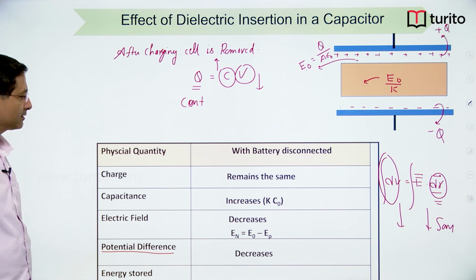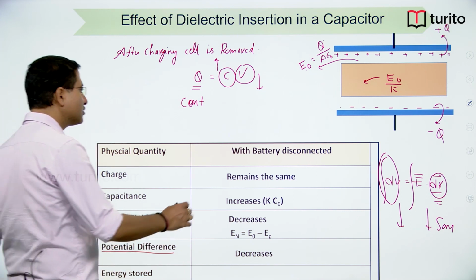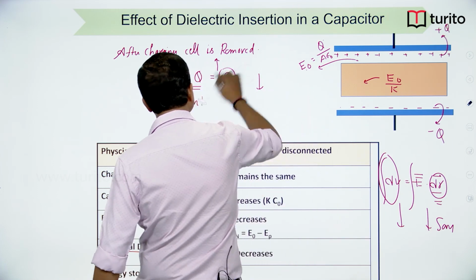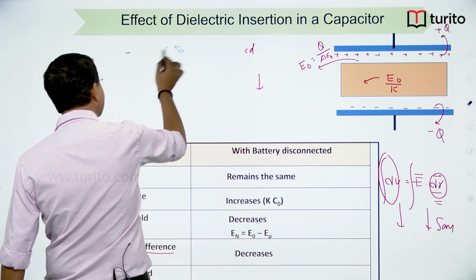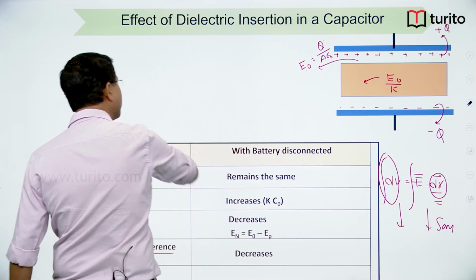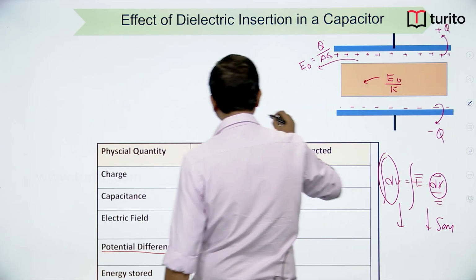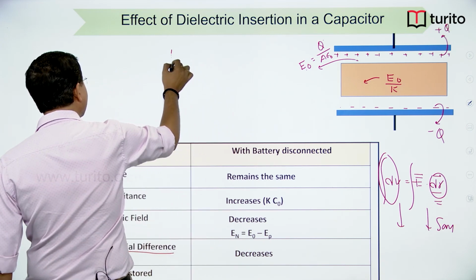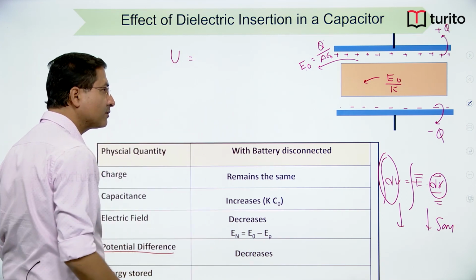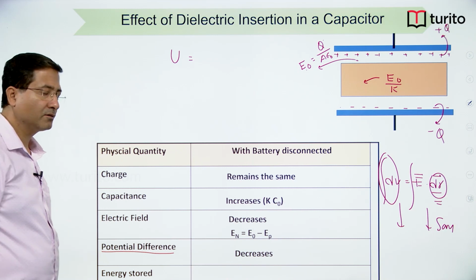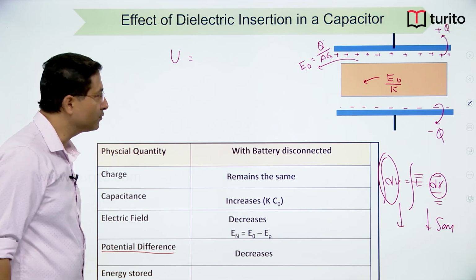So, field got decreased, potential got decreased, energy is stored. I can apply any of the three formulas like half Q square by C, half CV square or half Q into V, right.